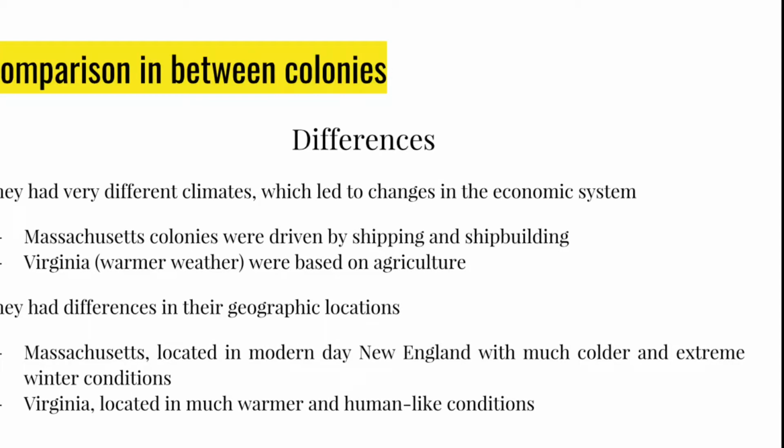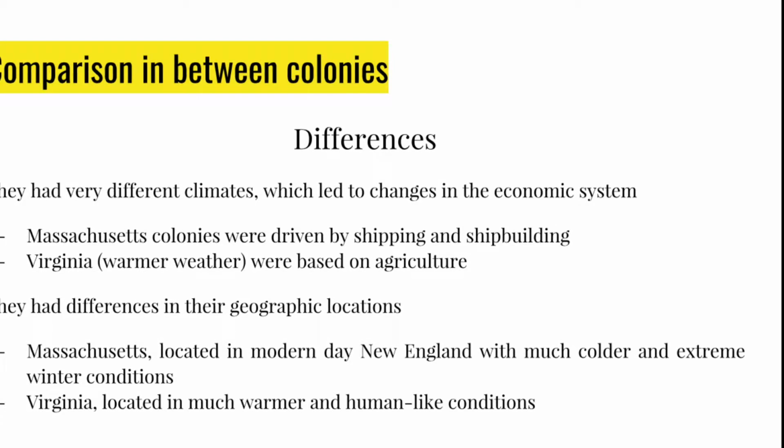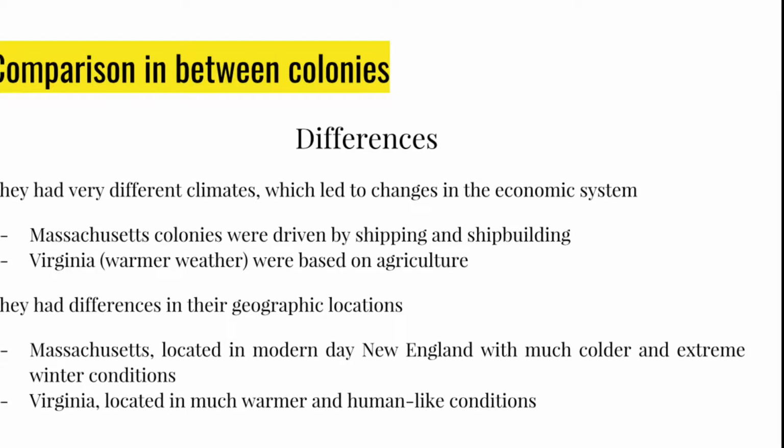In concern of the differences in geographic locations, Massachusetts was located in modern-day New England, which was much colder and in extreme winter conditions. Virginia was located in much warmer and humid conditions, so we can clearly see they were extreme opposites.